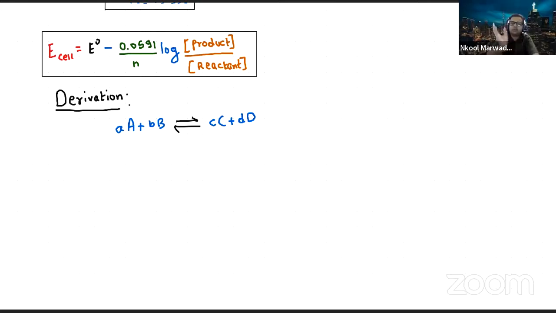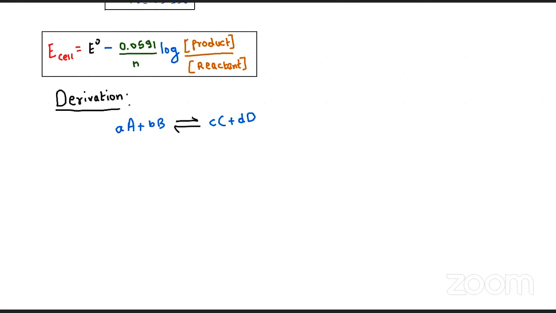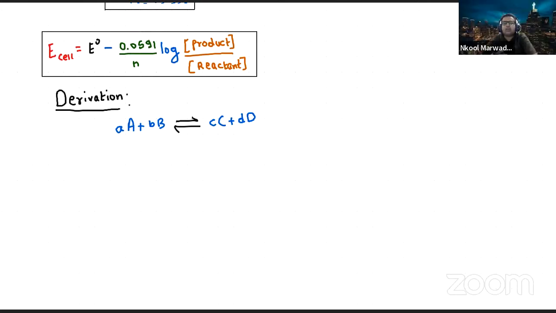And it's reversible. Now, one important observation we are making, because whenever we are doing any derivation, whatever principles we know, we make use of that.